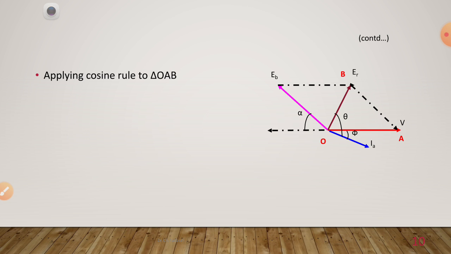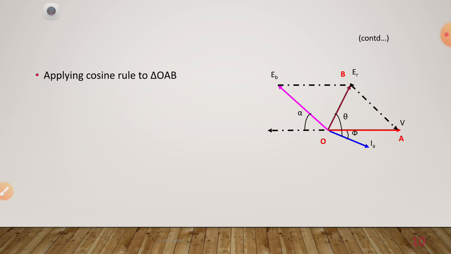Now, applying the cosine rule, you require two rules: the cosine rule and the sine rule, in all three cases: under excitation, normal excitation and over excitation conditions. Simple. What is the cosine rule? It is the algebraic sum of two vectors.